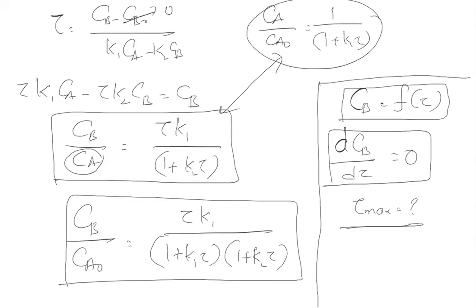So what are you getting as tau max? Somebody has replied, the answer is 1 by root K1 K2.